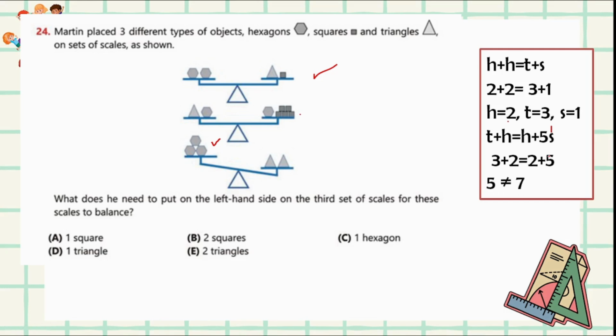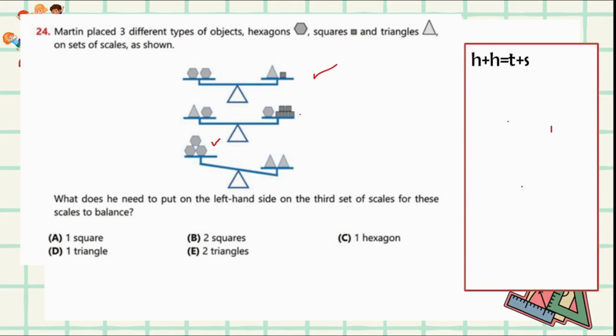Now I will add the numbers. On the left side of the equal we have 5, and on the right side 7, which is not correct. It means the values which I decided for the shapes were wrong. So I have to try a different combination here.